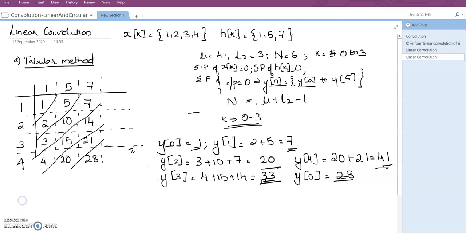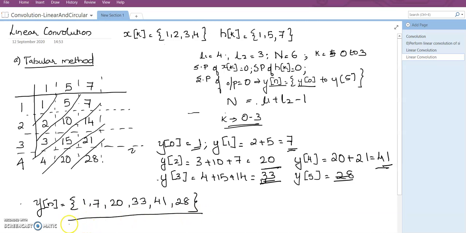So the overall result of this linear convolution can be depicted as below. y of n is equal to 1, 7, 20, 33, 41, 28. This becomes the result of your linear convolution, computed using the tabular method.